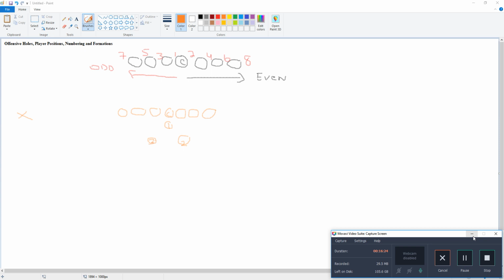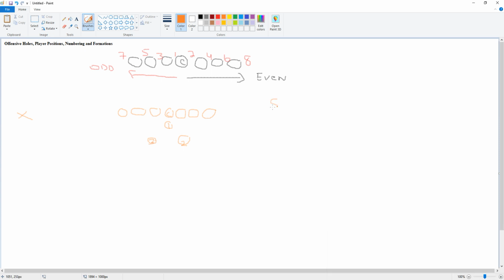This is another common formation that we use. It's called strong. The way to remember this is we're going to have an extra guy on the line. So instead of having 2 receivers on opposite sides, we're going to have this receiver on one side, and we're going to have a center, 3 to the right, 3 to the left.